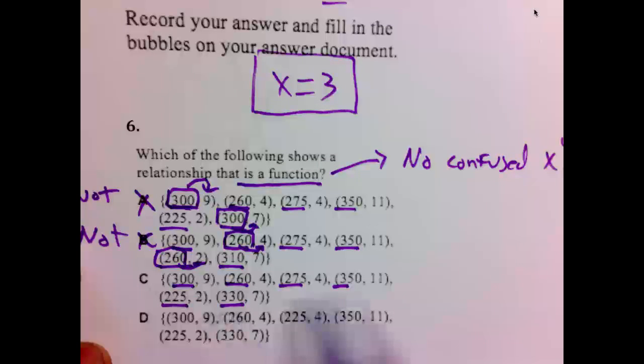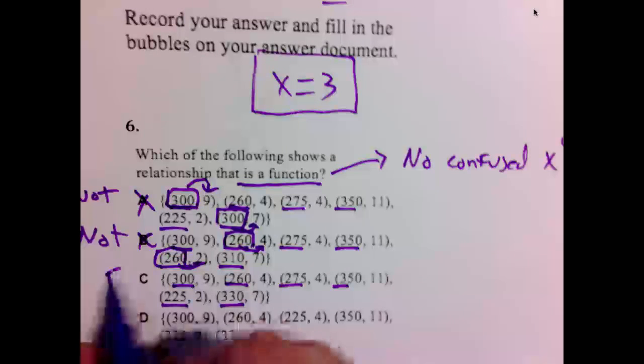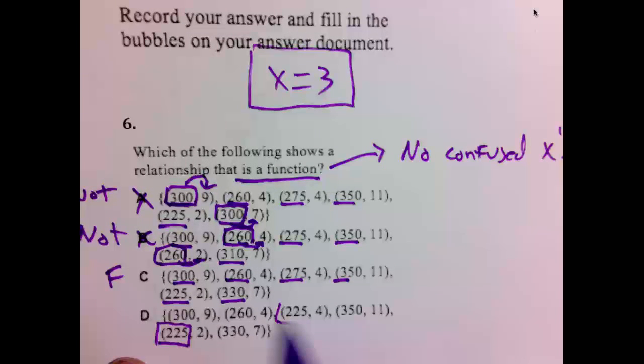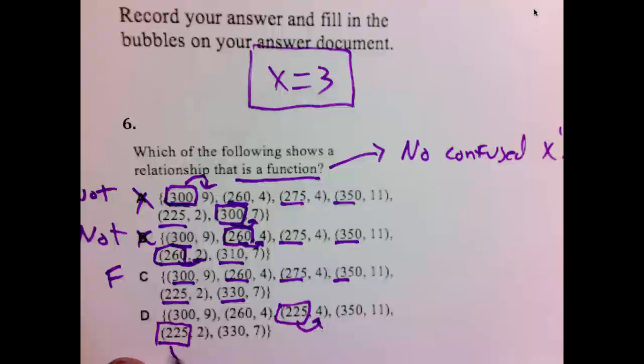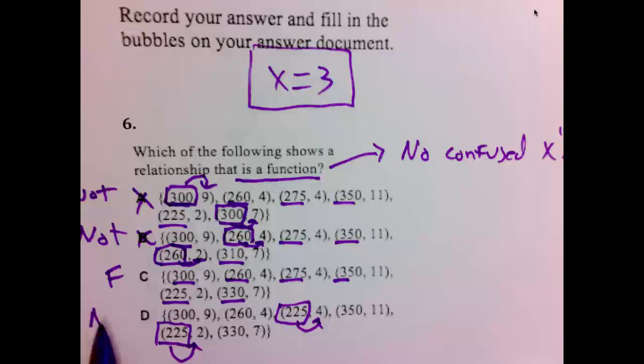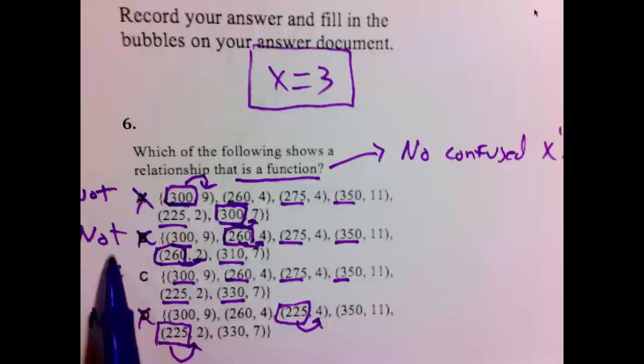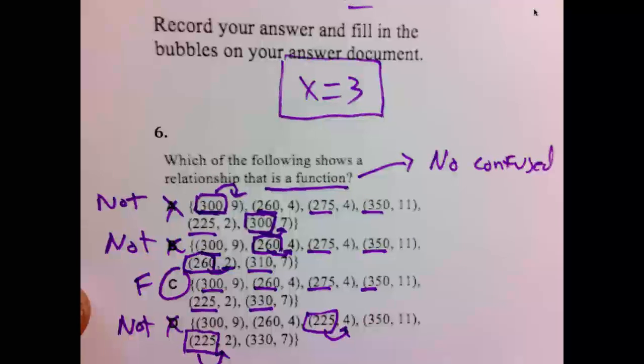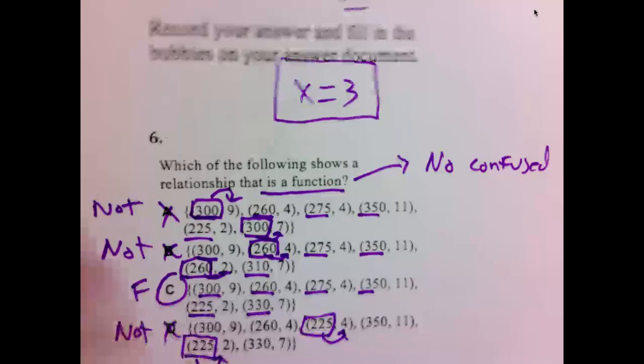I see no repeated x. This appears to be our function. D, here, 225 and 225. 225 pairs with 4, 225 pairs with 2. This one's not a function. 6 is C.